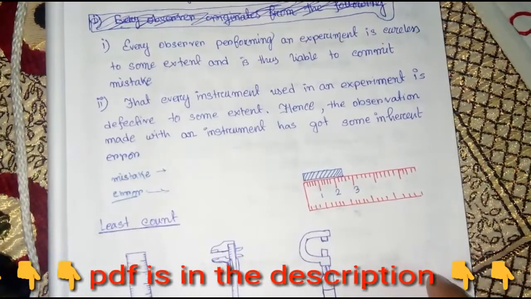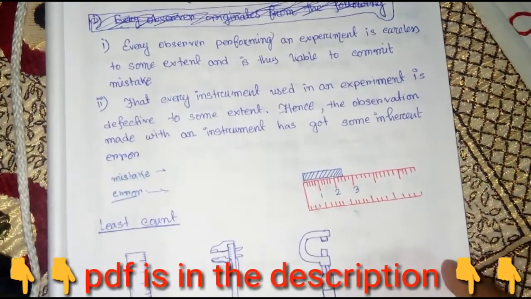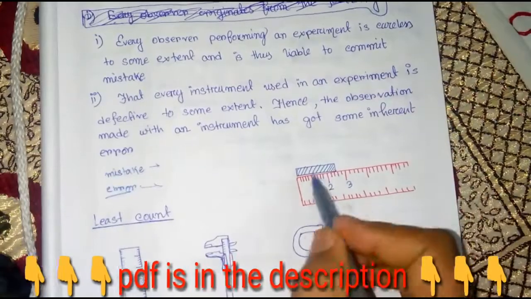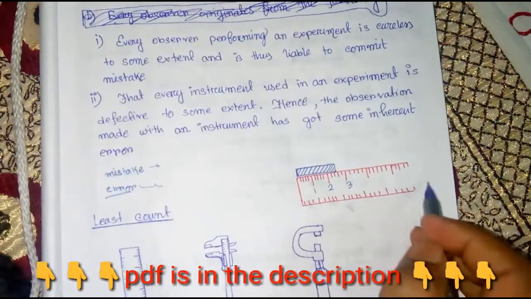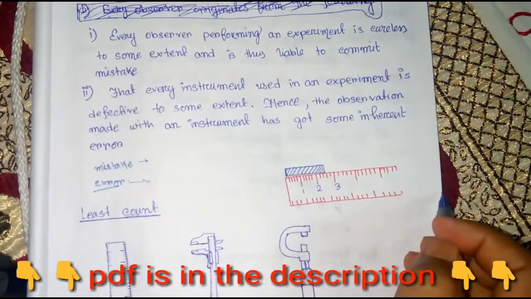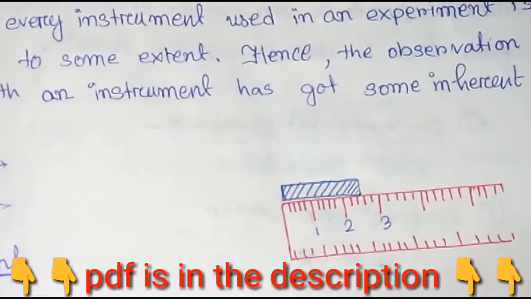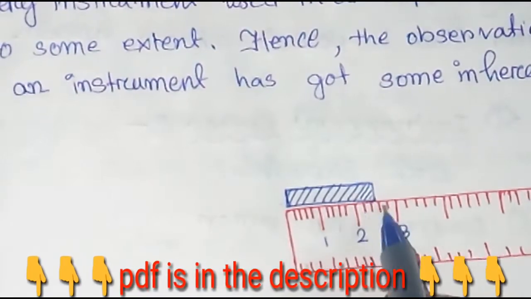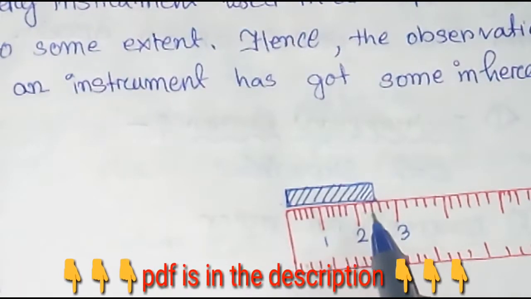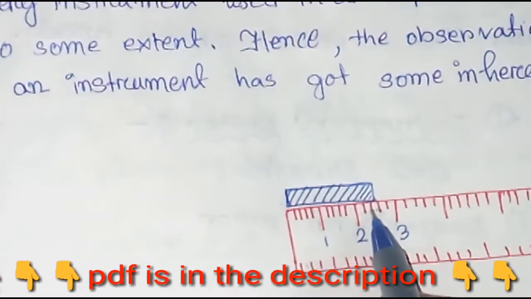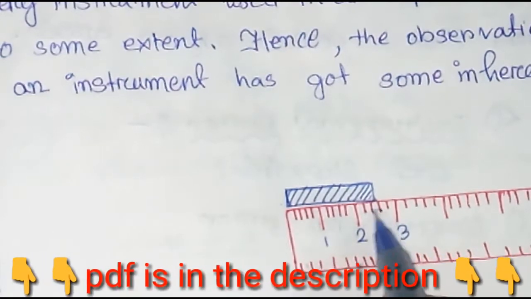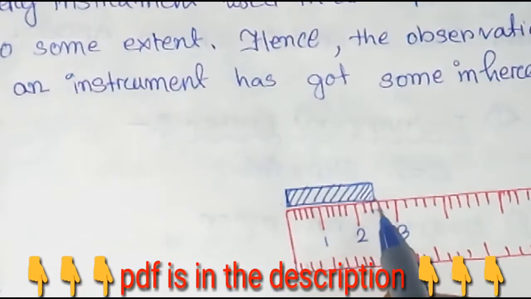Suppose you are measuring the length of an object with a scale. Let's zoom in. As you can see, the end lies between 2.1, 2.2 and 2.3.